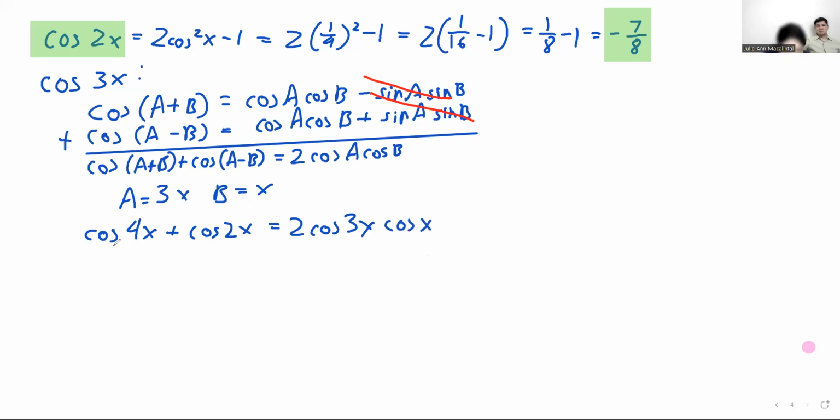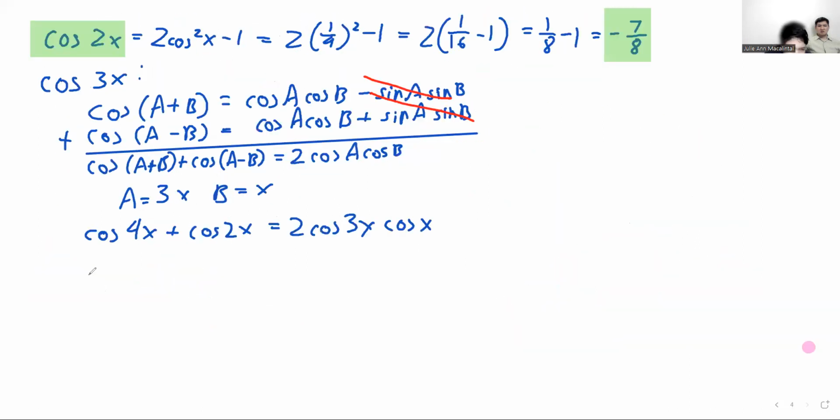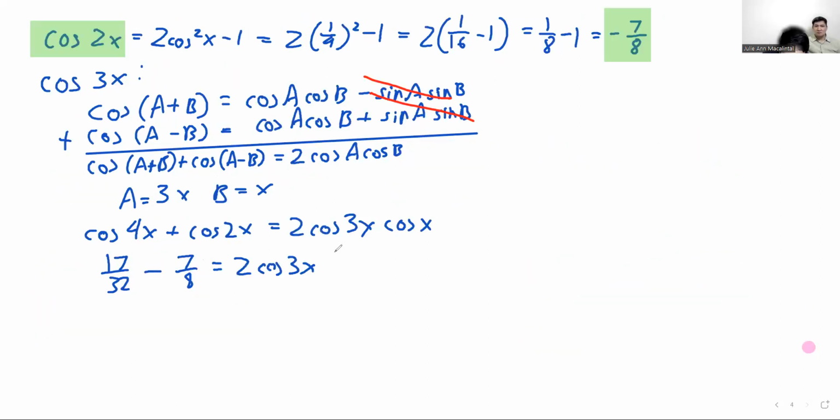Good. So substituting, what is the value of cosine 4x? 17 over 32. And then cosine 2x is negative 7 eighths. Is equal to 2 cos 3x times cosine x, which is 1/4. We can cancel the 2, and 1/4 times 2 is 1/2.